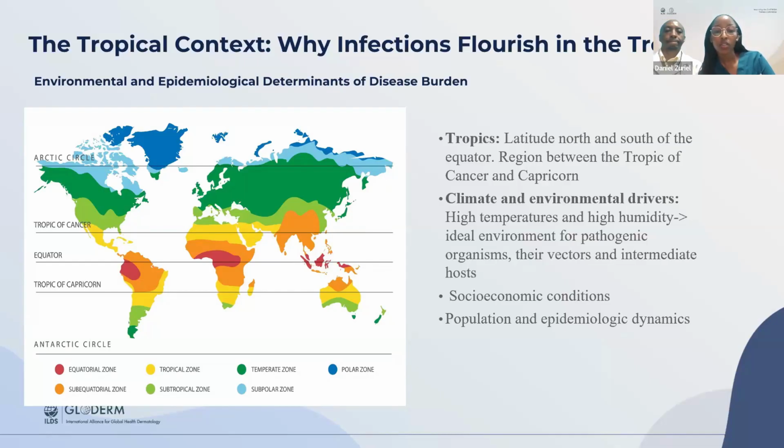And so it's not only the tropics and the environmental conditions that will result in a high burden of diseases in this area, but also the socioeconomic conditions. We also have population and epidemiological dynamics, where these areas tend to be burdened by a very high rate of urbanization. And the urbanization typically tends to come with poor sanitation, poor hygiene, overcrowding, and this is also one of the key drivers of diseases in these areas.